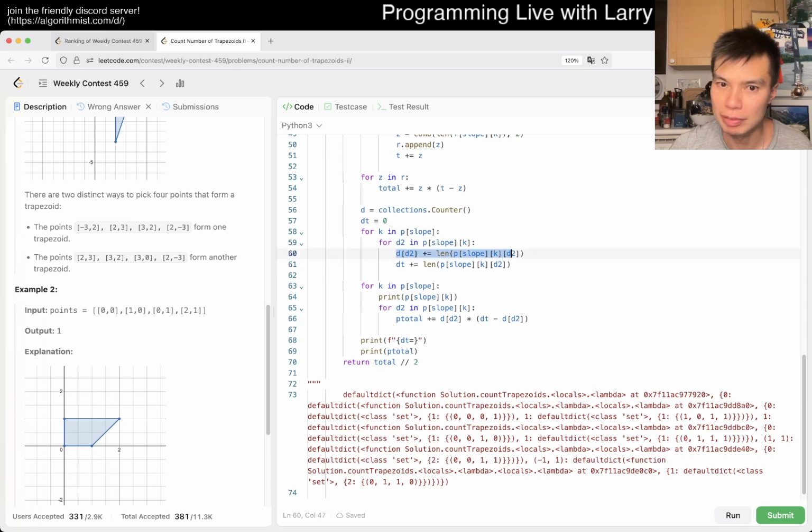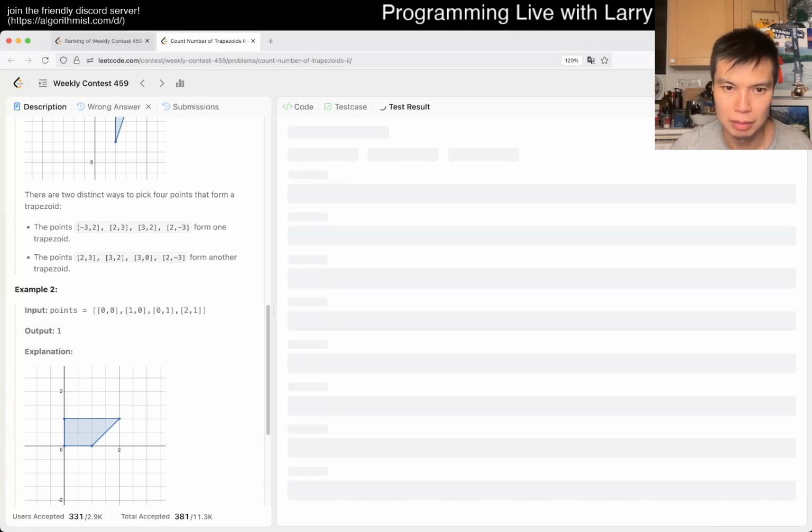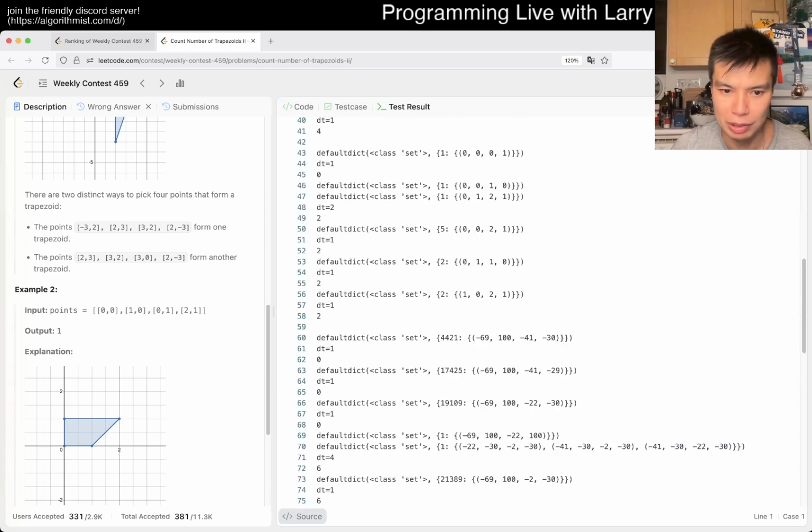This is the number of things of this distance, so there's this distance minus dt, but it's not dt. Okay, this formula doesn't really make sense. It should be this times d of d2 minus this. What am I writing? I think I was just putting random things together.